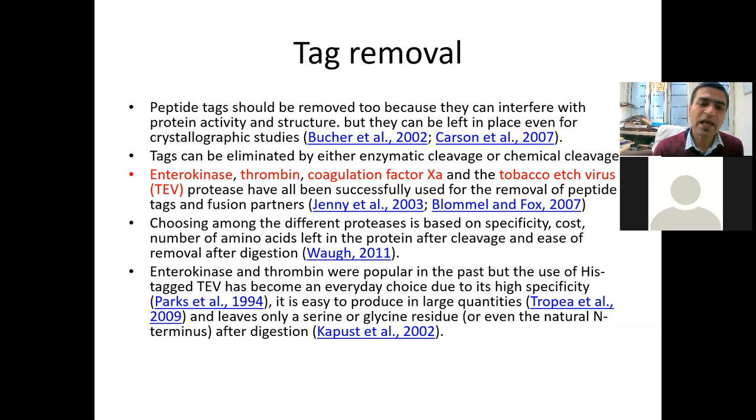Naturally you would like that after the removal of the tag, not a large number of amino acids should be left along with your protein. That will again interfere with the function of your protein. So we want the minimum number of amino acids to be left, if at all, after the cleavage by the particular enzyme.